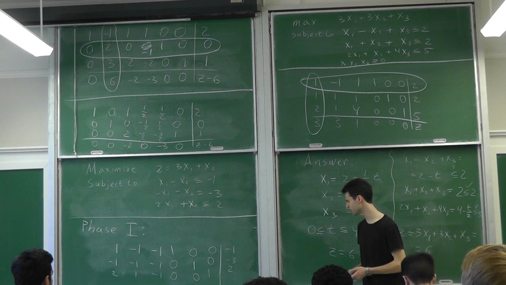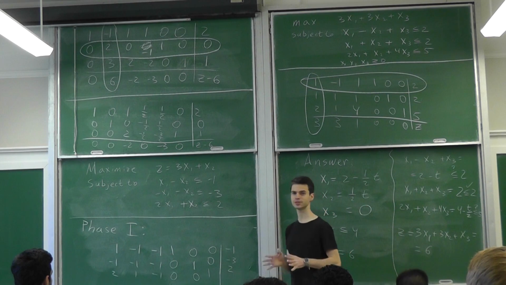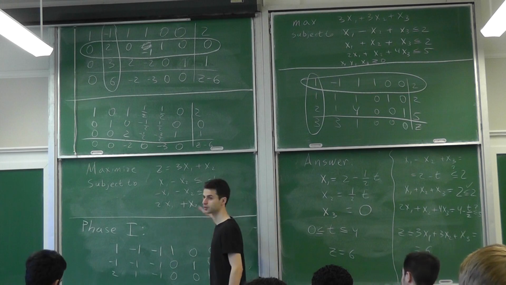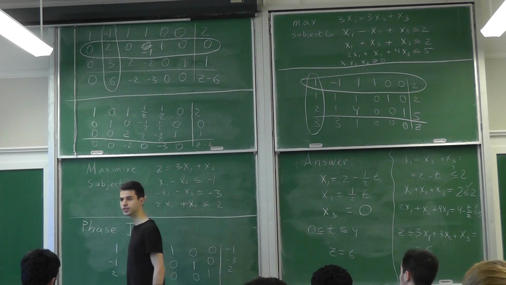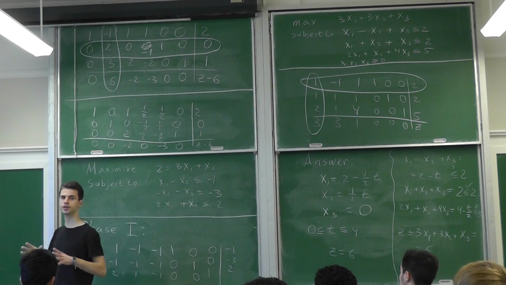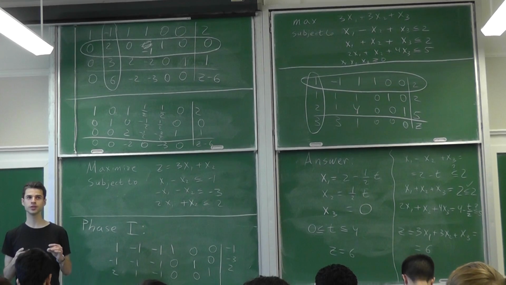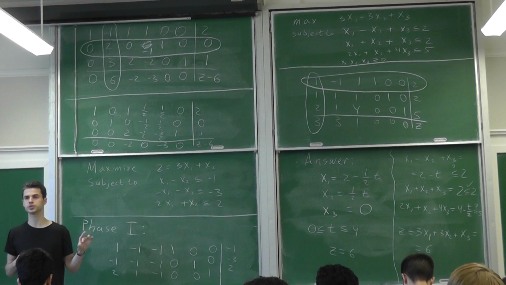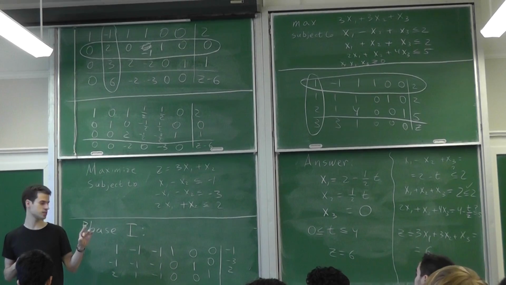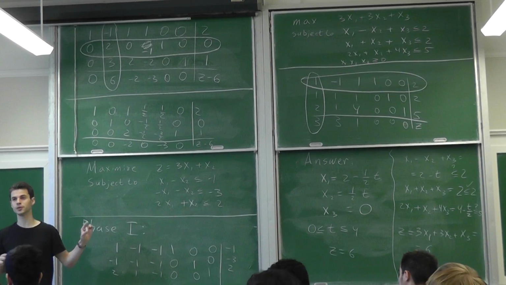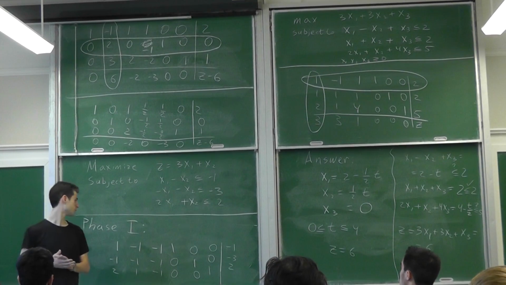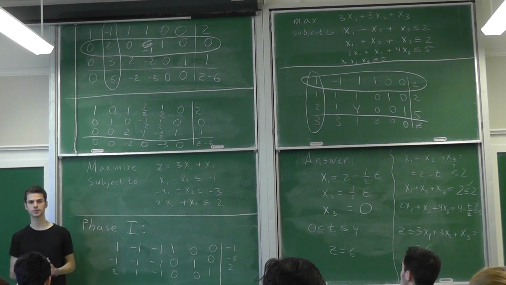So try to remember what we do in the two-phase simplex algorithm. We are trying to relax the constraints in such a way that they will have a solution, but we try to relax them by as small amount as possible. If we succeed in relaxing them by just 0, then we are done. So what are we trying to maximize?